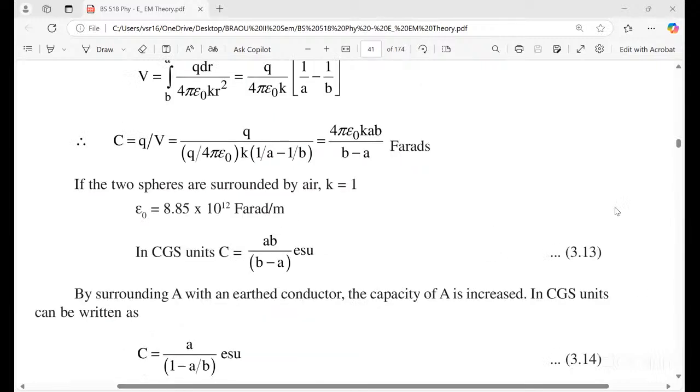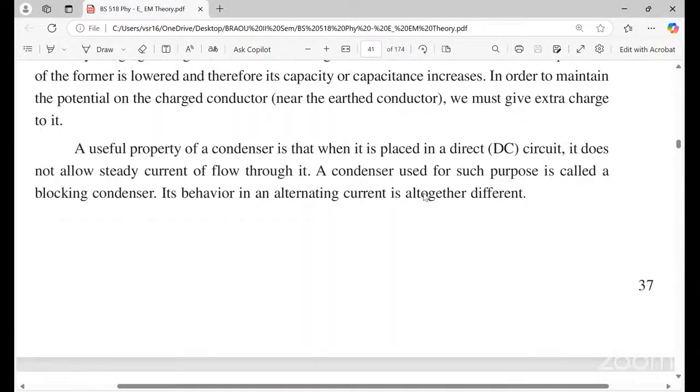If the two spheres are surrounded by air, the K value is 1, and epsilon naught is 8.85 into 10 power minus 12. This is the case. Most important.